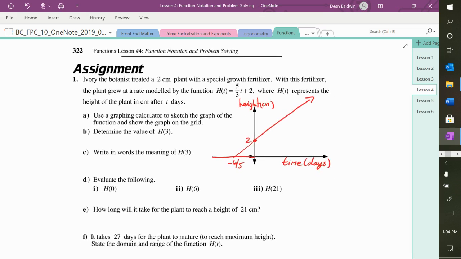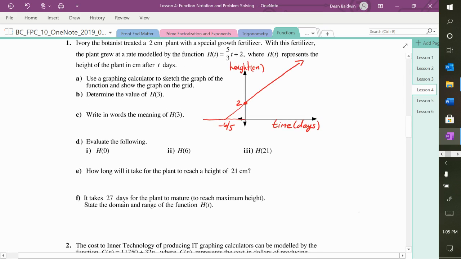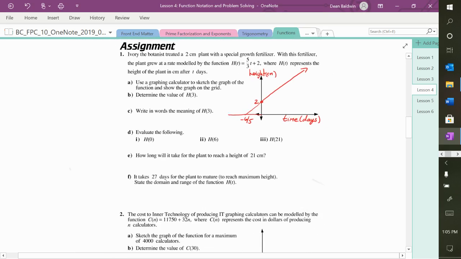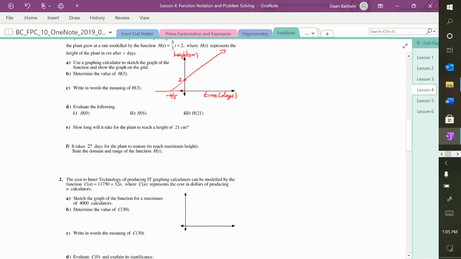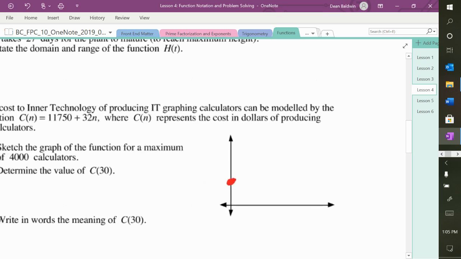And by the end of the next unit, you will know how to graph that without doing a table of values. And for number 2, the graph looks like this. Zoom in.